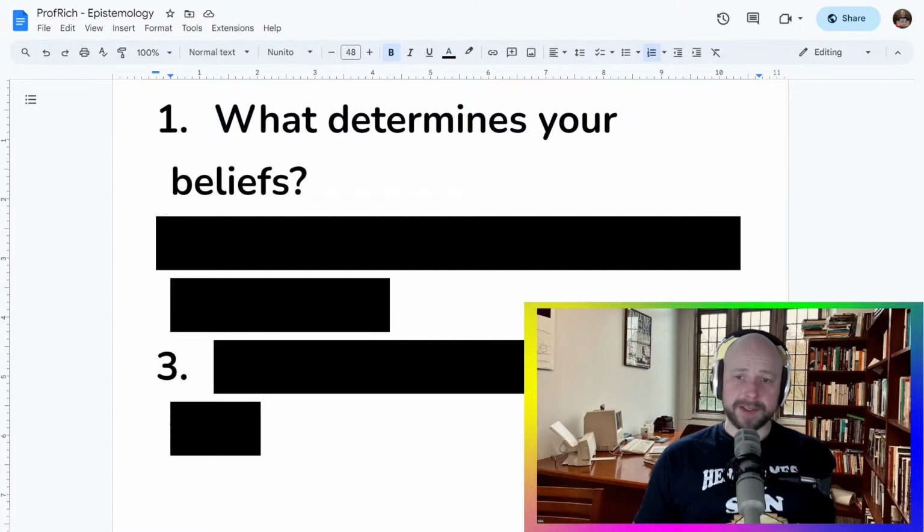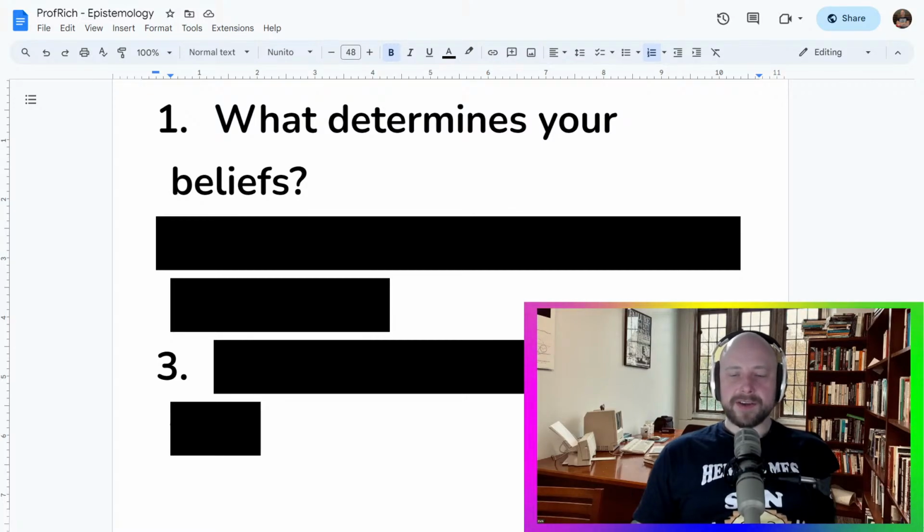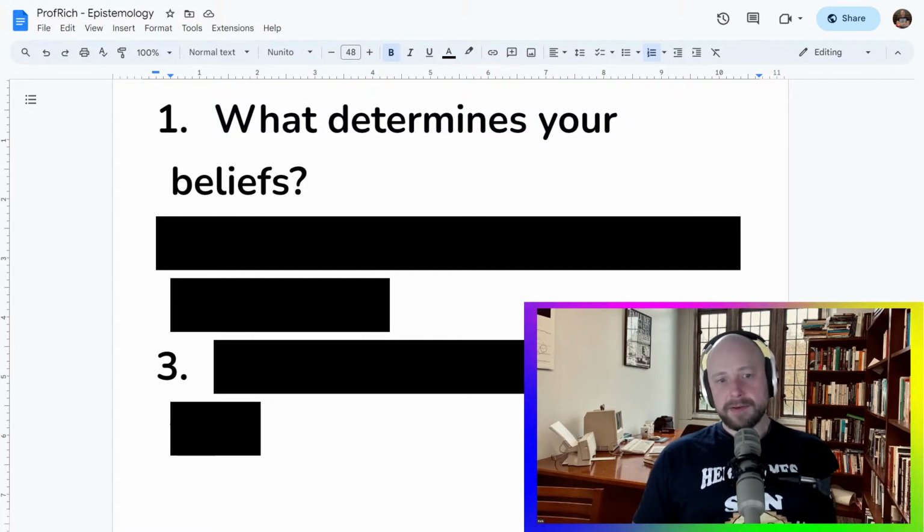That is something we can talk about in terms of determining your belief. You can say, well, my beliefs are shaped by logic rather than perception. Why do you believe the things that you believe?